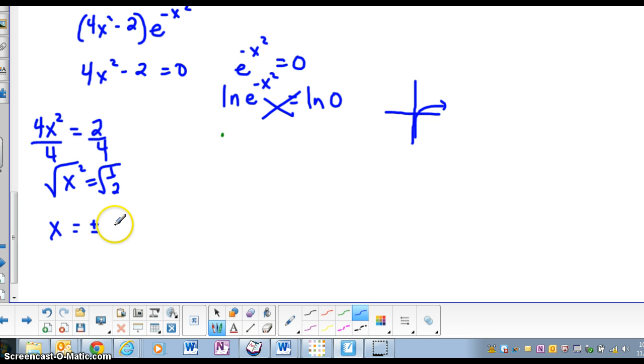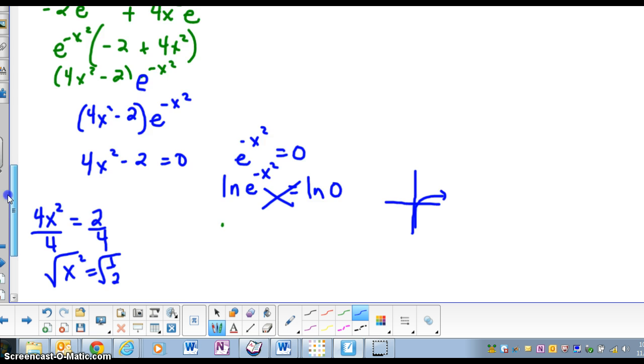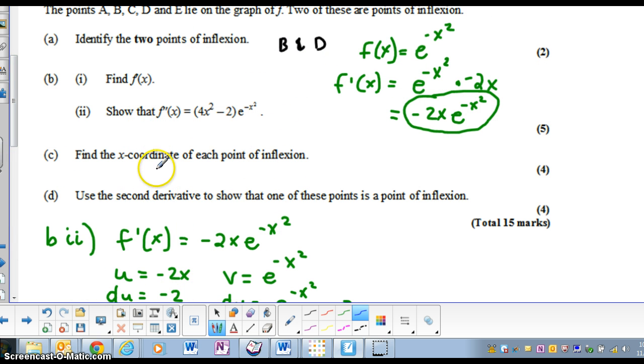So we'll have plus or minus the square root of 1 over 2. The square root of 1 is 1, so we have plus or minus 1 over the square root of 2. So here are our two values. There are the x-coordinates of each point of inflection.